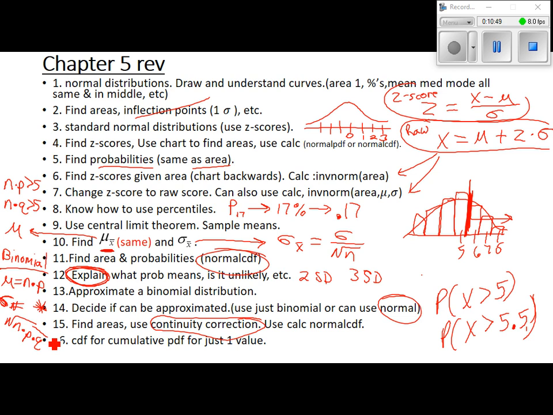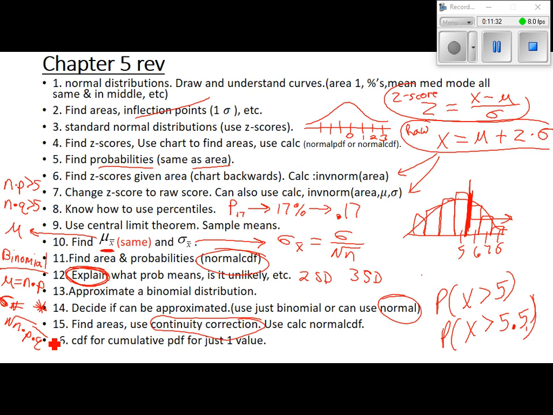I'm going to write that up to the side here. For a binomial, if we're using that binomial stuff, then mu is n times p, and standard deviation is the square root of n times p times q. So you have to make sure you don't get the binomial stuff confused with the mu x bar when we're doing the sample means and all that stuff, or any of the others. And you have to find this first before you can use your calculator.